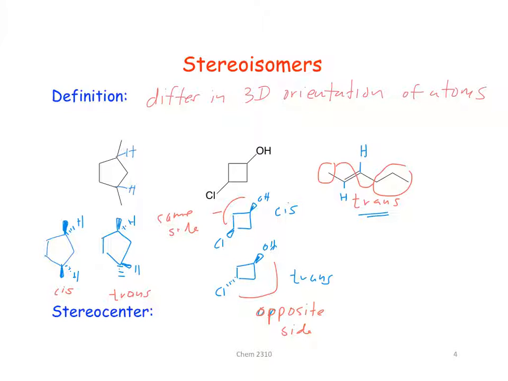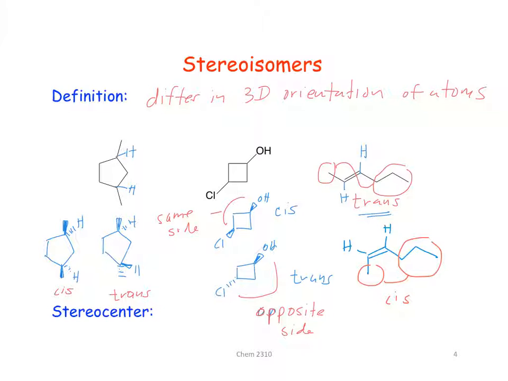And if we take two of the groups on the end, for example this methyl group and this H, and we switch places, so we have the methyl down here, and the H's are both up here, now the methyl and the propyl are on the same side, so this would be cis. Alright, so these are some examples of stereoisomers created by cis and trans relationships.